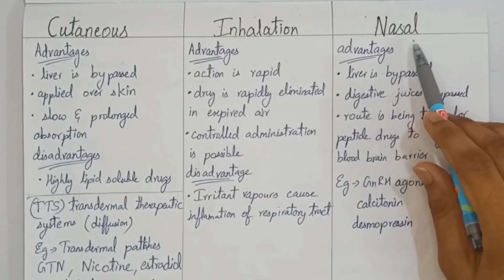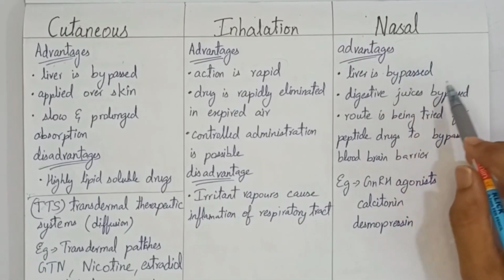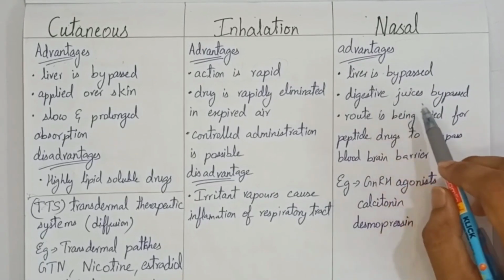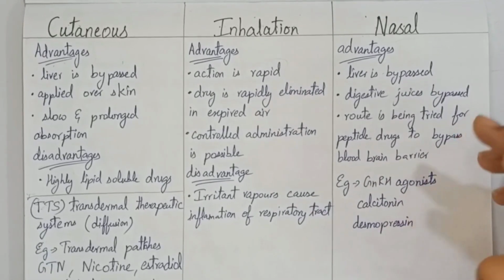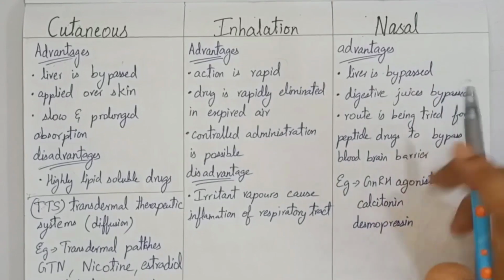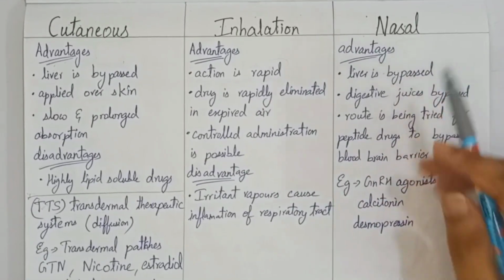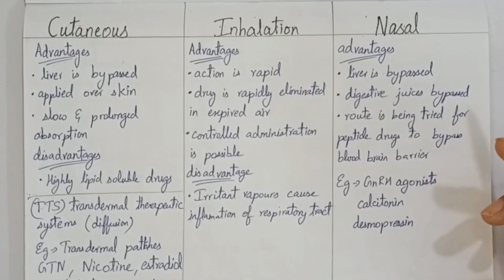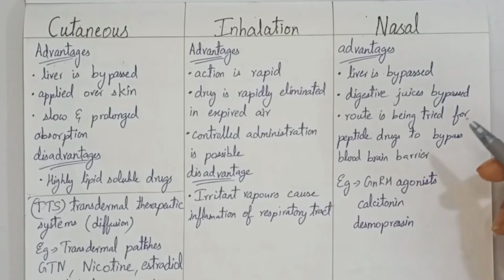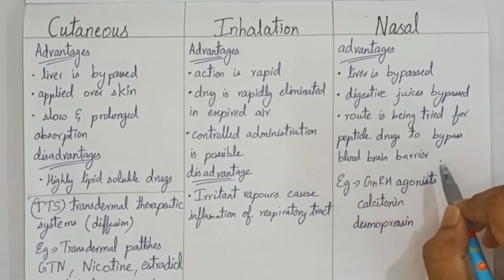In the nasal route, the liver and digestive juices are bypassed, so the absorption of the drug is increased. This route is now being tried to give peptide drugs like insulin, as it can bypass the blood-brain barrier.